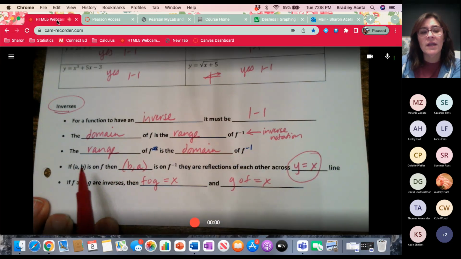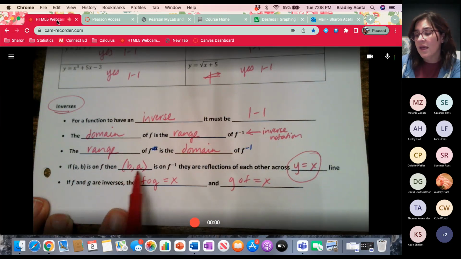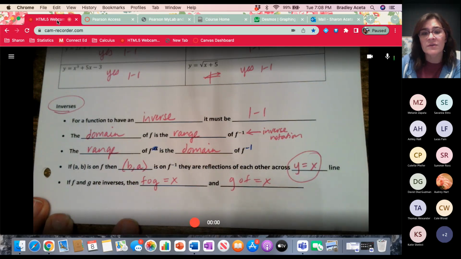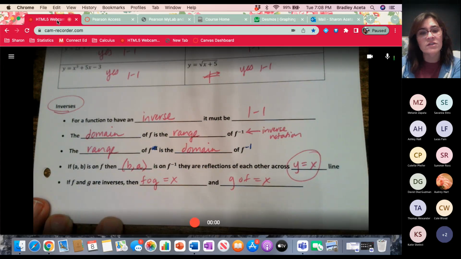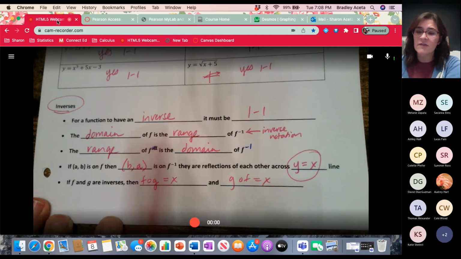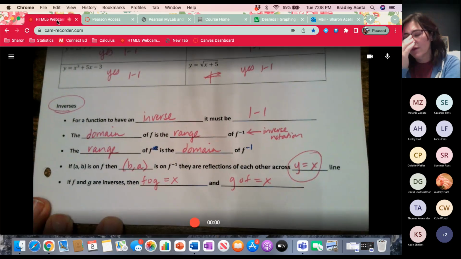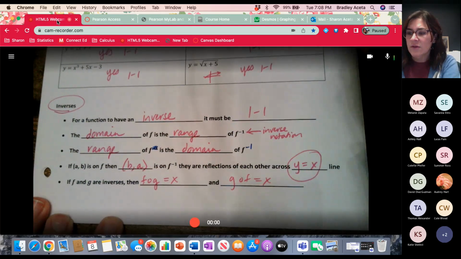If you are a coordinate (a, b) on the original function, you are now the coordinate (b, a) on the inverse, and you're reflecting over the y equals x line. And if two functions are inverses, you should be able to compose them both ways, and they'll equal x. This is the stuff that we'll keep referring back to for the next few questions, right? So hopefully you got that in there.